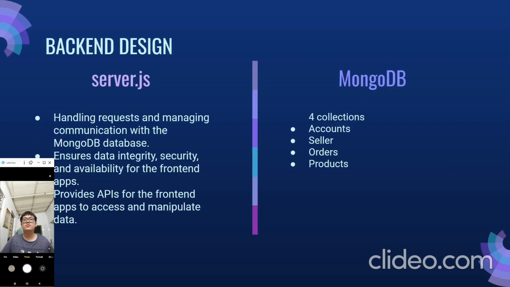The server.js handles requests and manages communication with the MongoDB database, which consists of four important collections: account, seller, order, and products. The server.js ensures data integrity, security, and availability for the front-end app to manipulate data, like update, read, and delete.